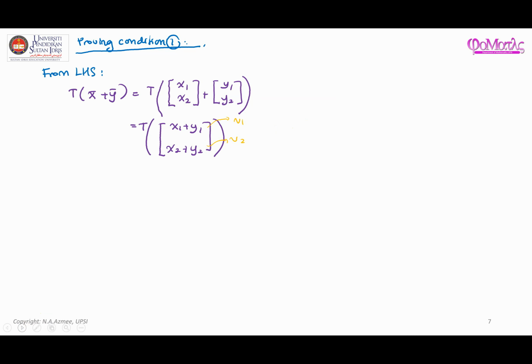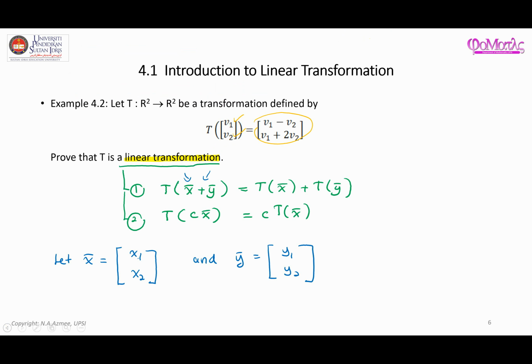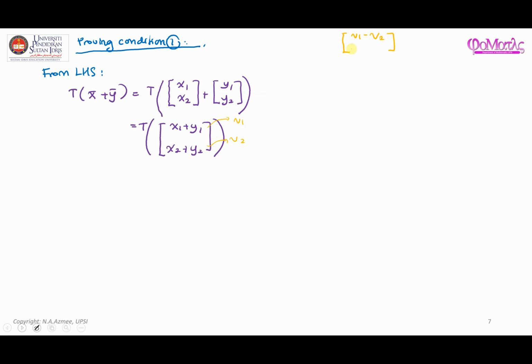So maybe for reference, I'm going to write the rule as V1 minus V2, and the other one is V1 plus 2V2. Okay, so based on this rule, the transformation function, or the rule for simplicity.